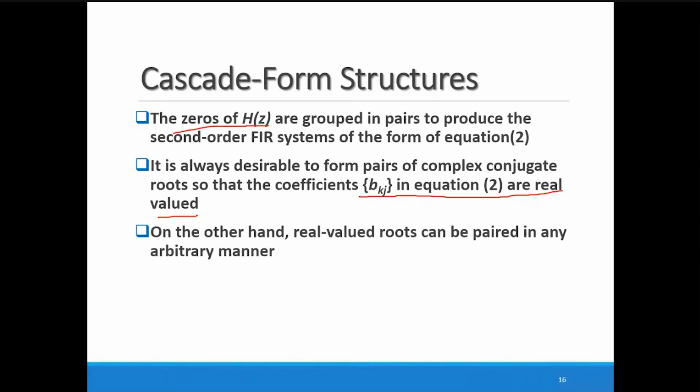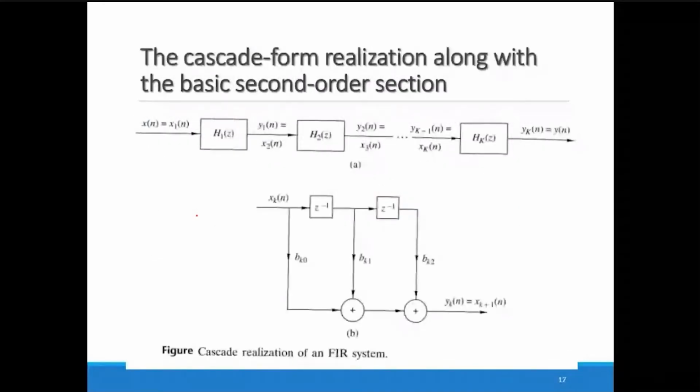This is the cascade form realization along with the basic second order section.